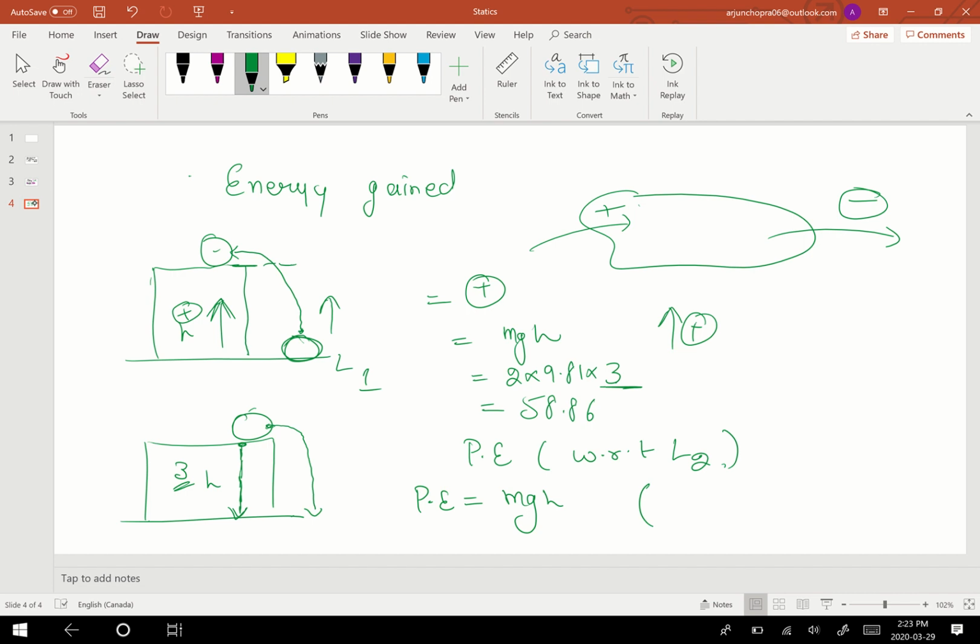So I will write the mass of this ball as 2 kgs, 2 times 9.81 times 3, but this 3 will be negative because we are moving the distance in the downward direction, guys. So that's why this will be negative 58.86 joules. This negative is just because you're moving in the downward direction, and if it is a positive value, the potential energy is being added into the system.